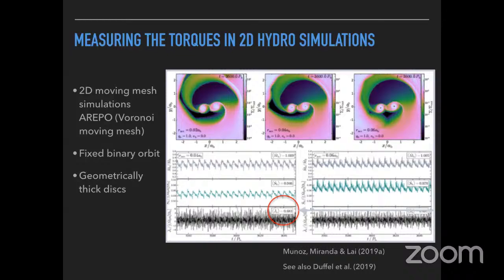This essentially means that the binary semi-major axis, if it were allowed to evolve, would just increase with time. So we should get binary expansion instead of shrinking. This is recognized in the planet community as not a terrible problem, but for binary black holes, this might be an issue.